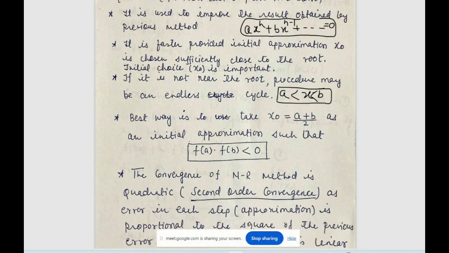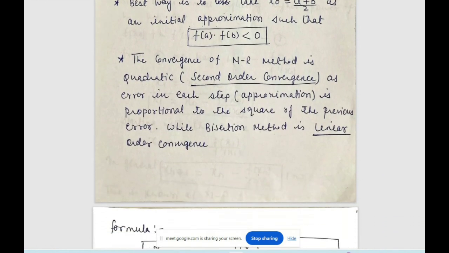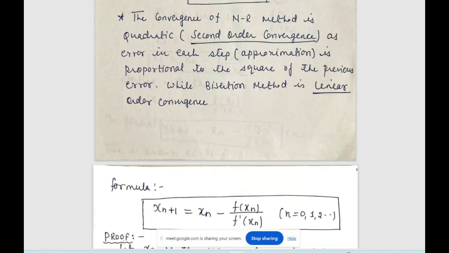Okay, so what is this NR method? Let's see what the formula is and what the convergence rate of it is. The convergence of the NR method is second order. Second order convergence means the nature of the method is quadratic.